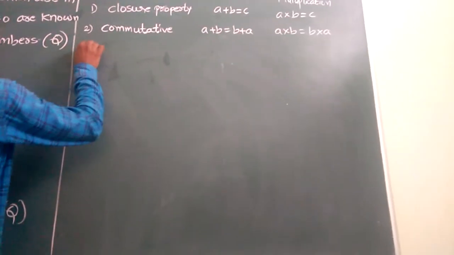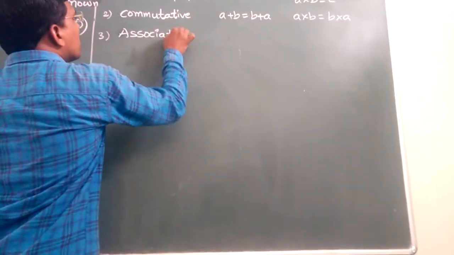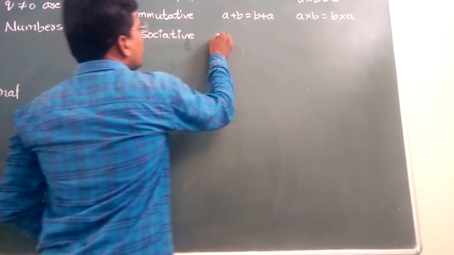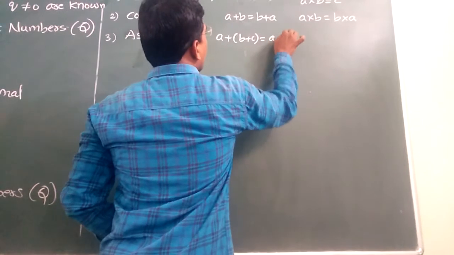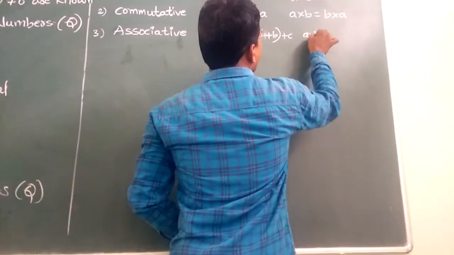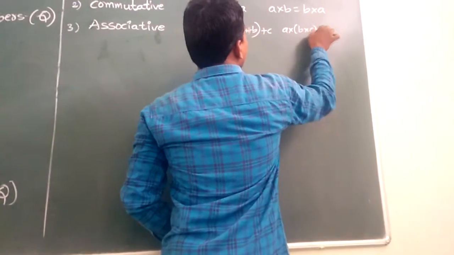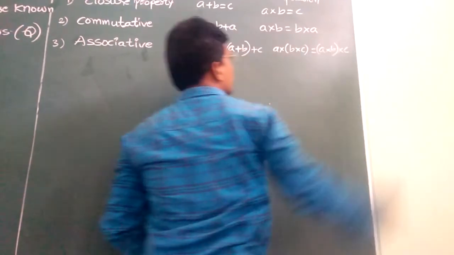Okay. Next, associative property. So what is associative property? a plus of b plus c is equal to a plus b of plus c. Under multiplication, a into b into c is equal to a into b of into c.